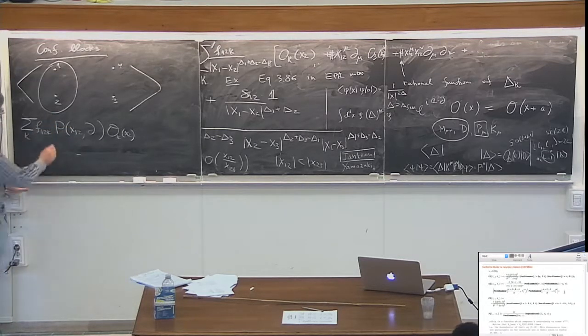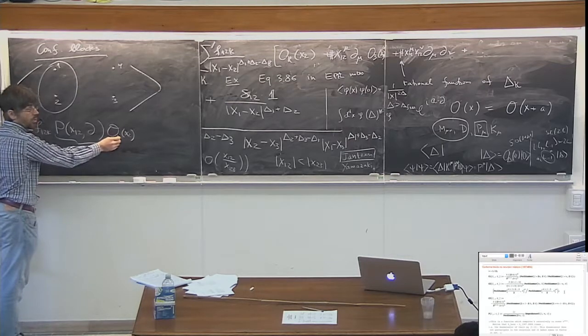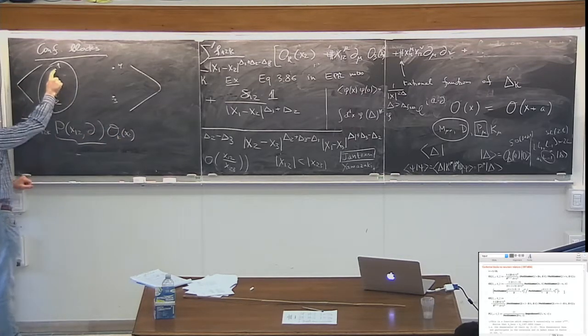And this P, as I told you, is completely fixed by conformal symmetry. So there is no dynamical information contained in it. It's a known infinite series which depends only on the space-time dimension, D, and on the dimension of OK, and it may also depend on the dimensions of operators.